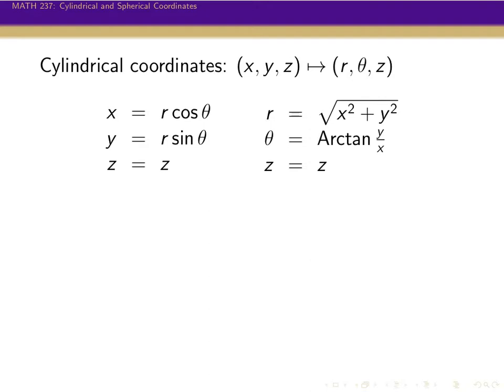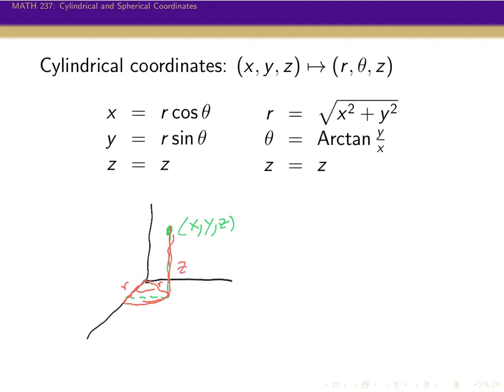So, we want to draw a picture of this. If we're looking at some point where we go out x, over y, and up z, thinking about this in polar, we're going out r, sweeping over theta, so r is still on the xy plane, and then z stays exactly the same.